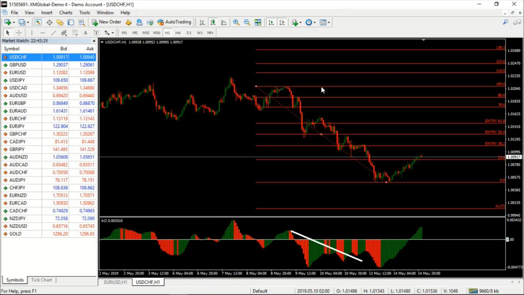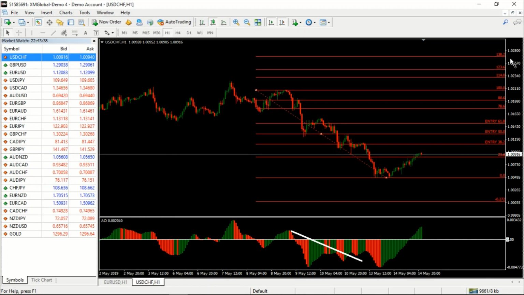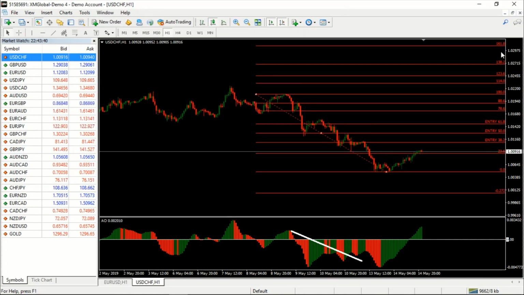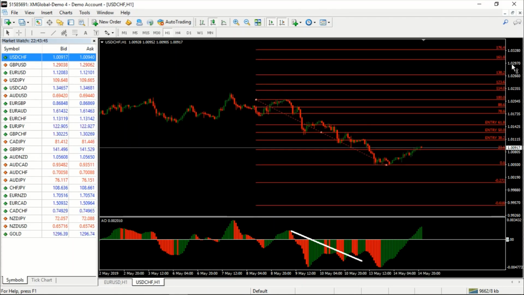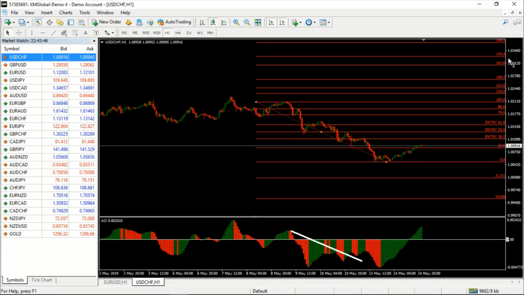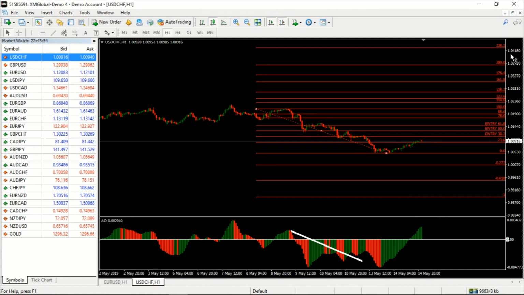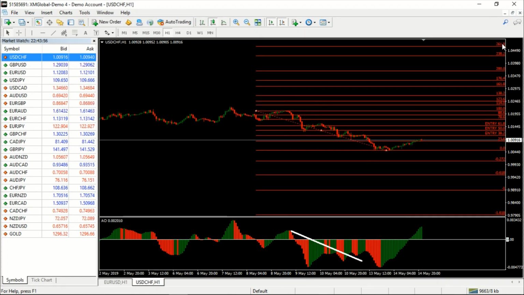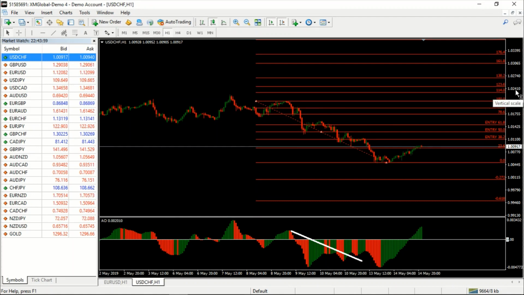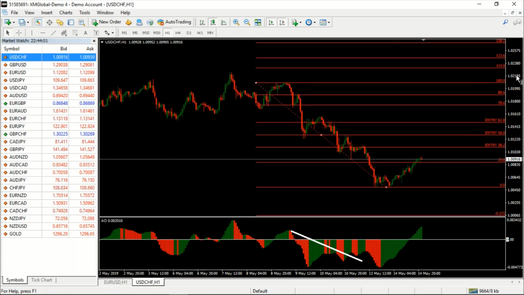But above the 100 level, we have a 114, a 123.6, a 138.2, and as I scale it down a bit more, we have a 161.8 as well. And as we scale it down a bit more, we've got a 176.4 and a 200 and a 238.2 as well as a 261.8. So those are known as the Fibonacci extension levels.